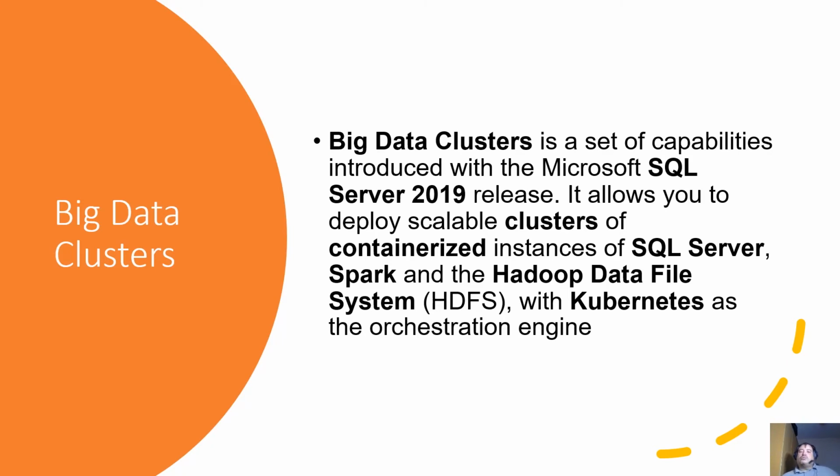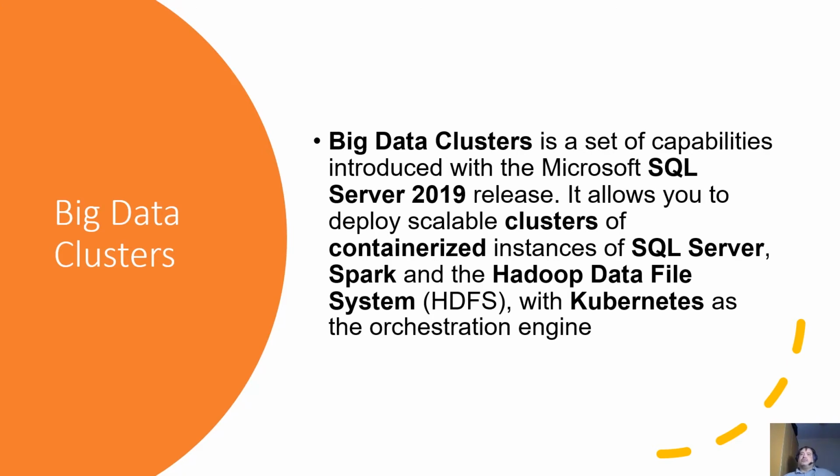Containerized SQL Server, Spark, and Hadoop file system with Kubernetes. We are talking about deploying SQL Server containerized in Kubernetes, having many instances of SQL Server, Spark, and ADFS working in a cluster.